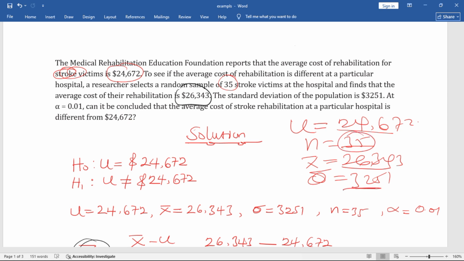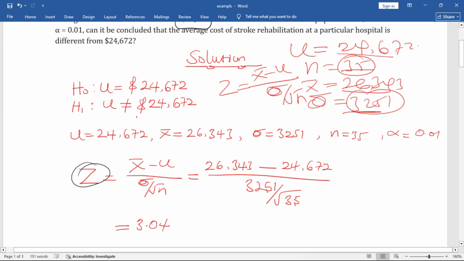Now we know that our n is greater than 30 and our population standard deviation is given. So we are going to use the z statistic, which is x bar minus mu divided by sigma divided by the square root of n. Now we have all the parameters, so all we have to do is substitute them into the formula.